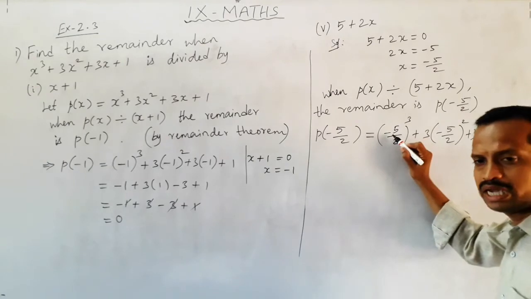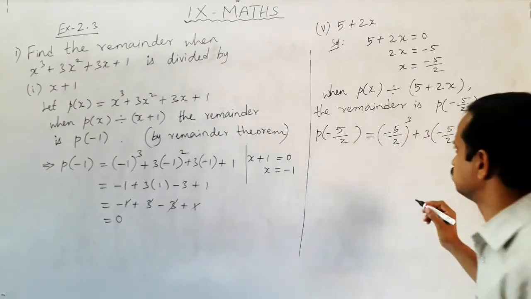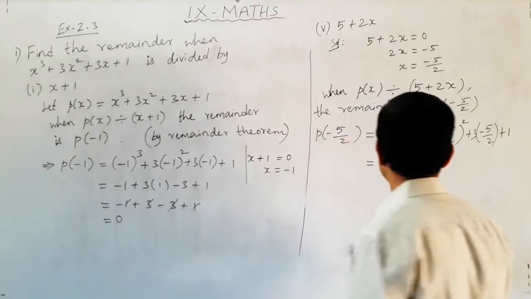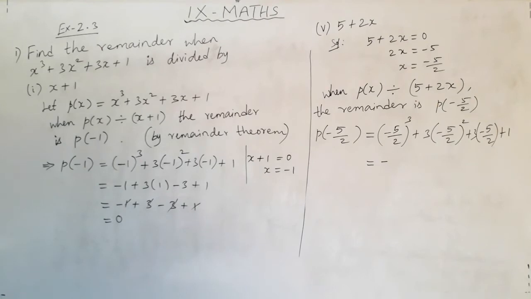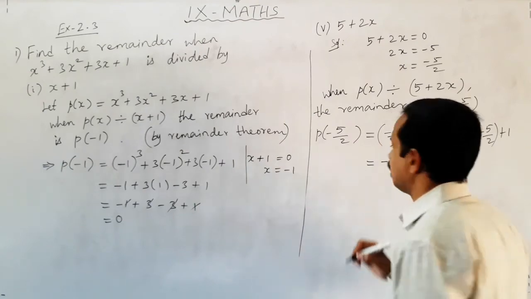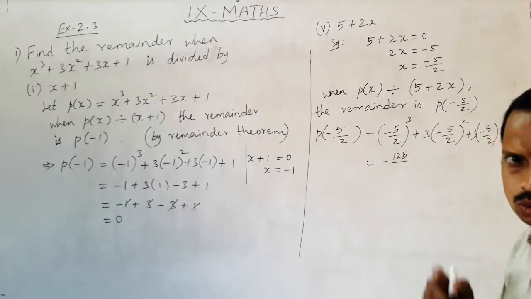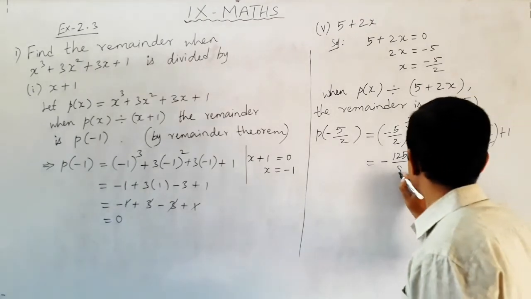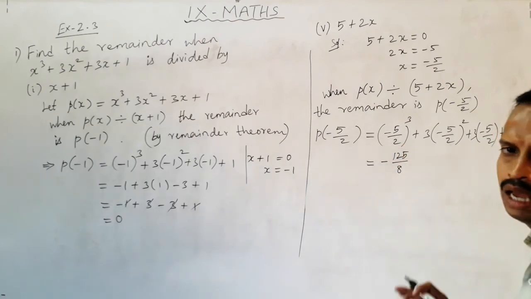If we apply cube for the minus sign, what do you get? Minus. And then 5 cube, 5 into 5 into 5, is 125. And if you apply cube for 2 in the denominator, 2 into 2 into 2, we get 8. So minus 5 by 2 whole cube is nothing but minus 125 by 8.